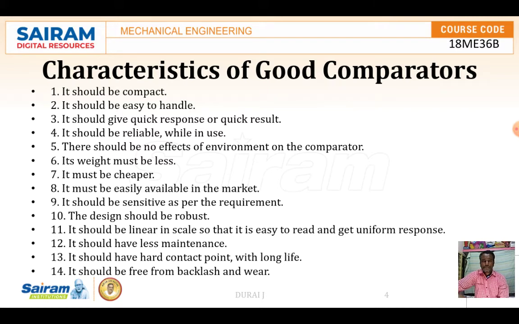It should not be affected by environmental issues, and the weight must be low, then only it is easy to handle. It has to be cheap and easily available in the market, and it should be sensitive. It should also need less maintenance, have a long life, and be free from backlash and wear.